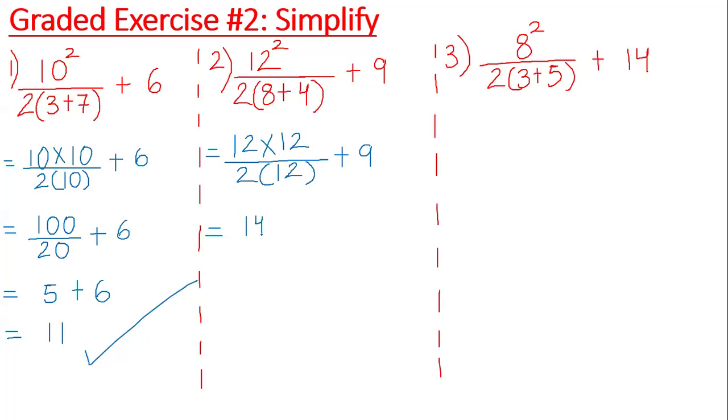Then under that, you're gonna times 12 by 2. 2 times 12, which gives us what? 24. Plus the what? Plus 9. And 144 divided by 24 is 6.